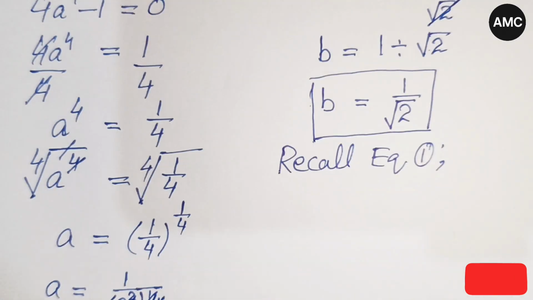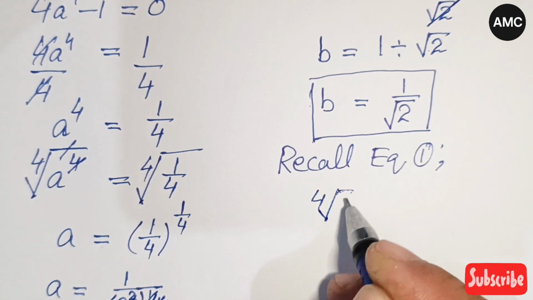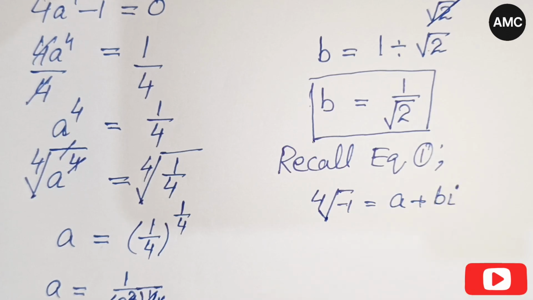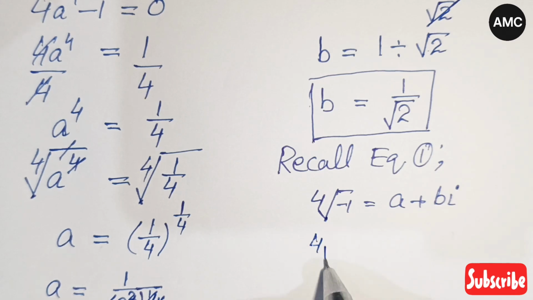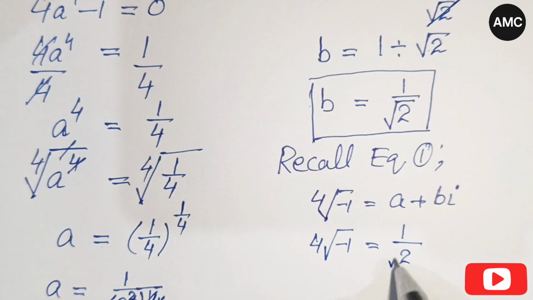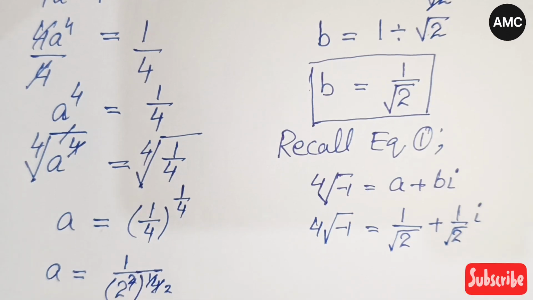So putting here, then we get fourth root of minus 1 is equal to a plus b iota. Here putting the values of a and b, fourth root of minus 1 is equal to, value of a is 1 over square root of 2, and similarly value of b is 1 over square root of 2 iota.